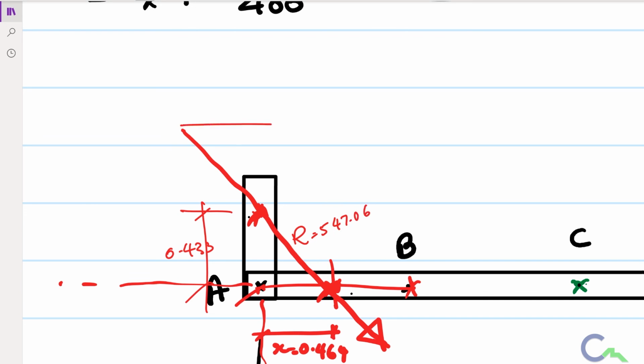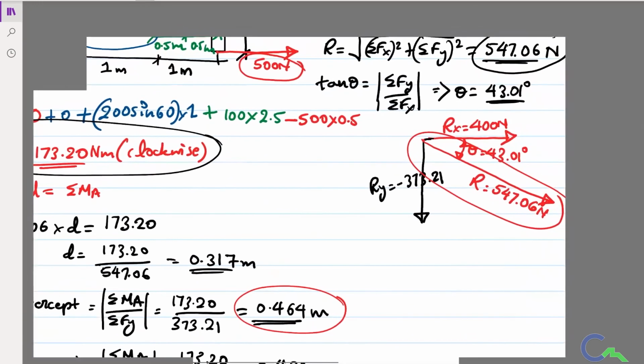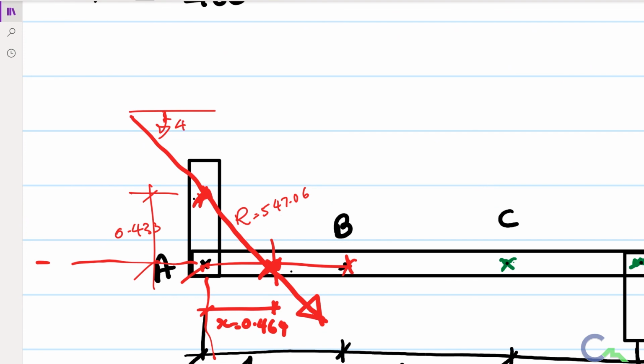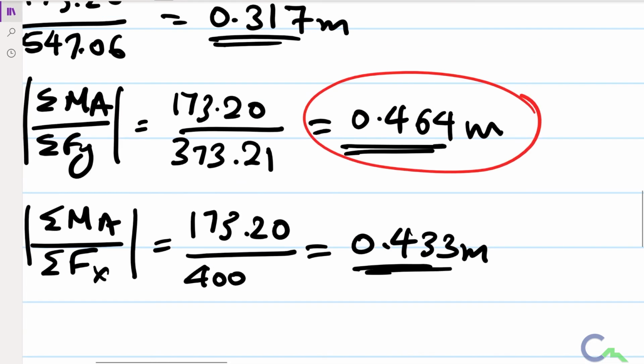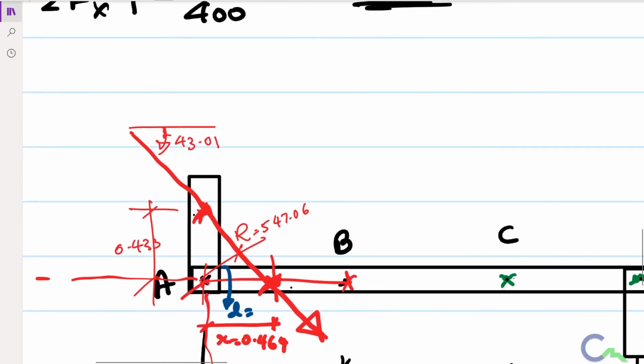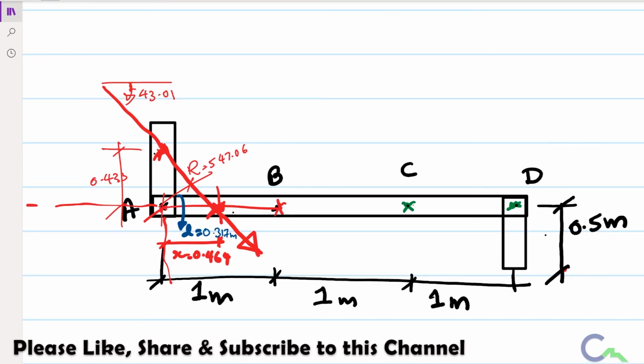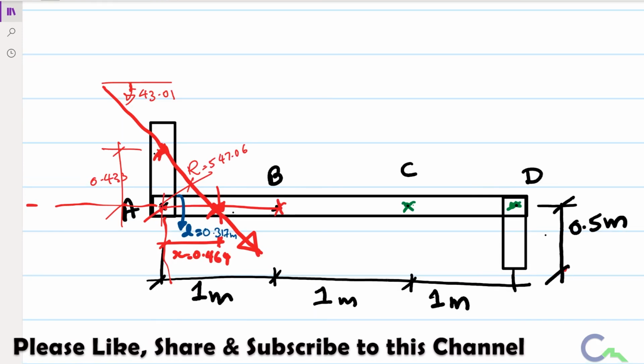Then this theta value we got 43.01. Then D value, that is lever arm, that is here, that D is equal to 0.317. This is the final figure for this problem.